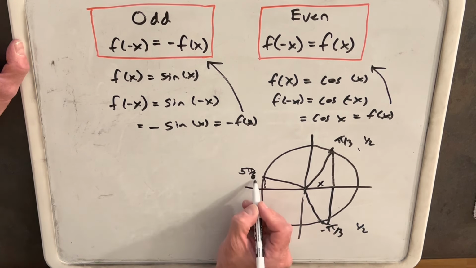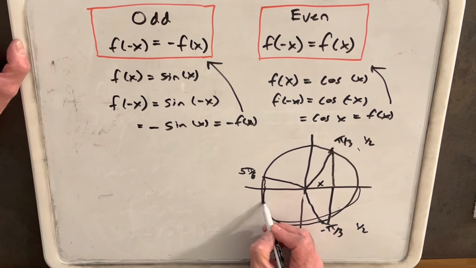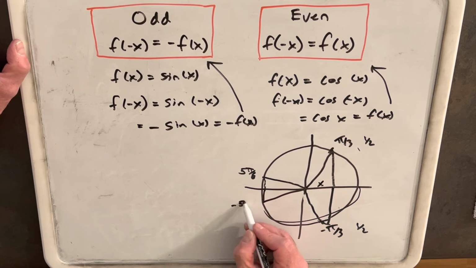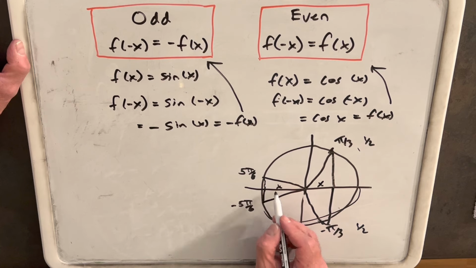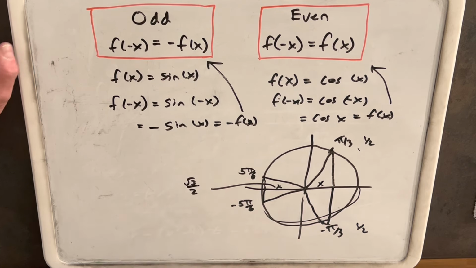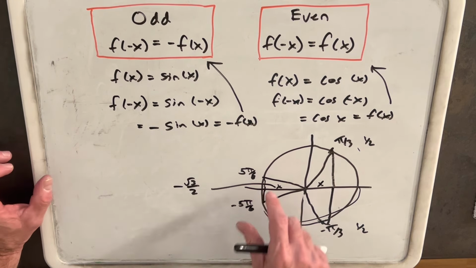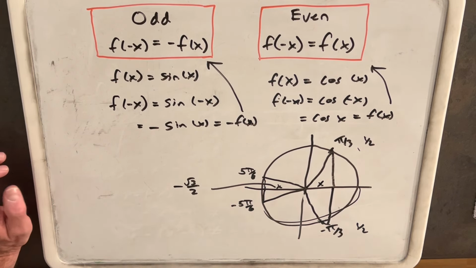Then similarly over here, if we look at 5 pi over 6, or negative 5 pi over 6, this x value here, in both cases, is going to be minus square root of 3 over 2. So we're showing that this is even just because we can put in a negative input and we still get back the same answer.